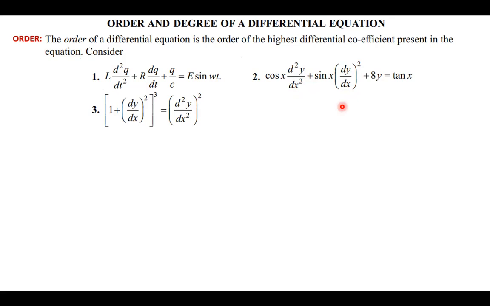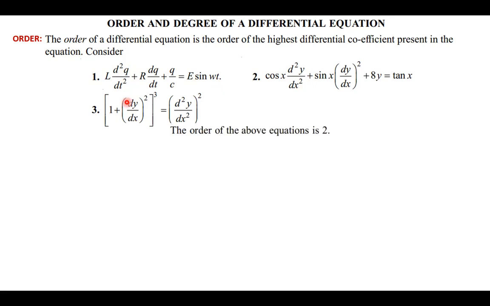The one having the highest order is d²y/dx². On the first one, you have d²q/dt² and also dq/dt, so the highest order here is 2, and the degree here is 1.